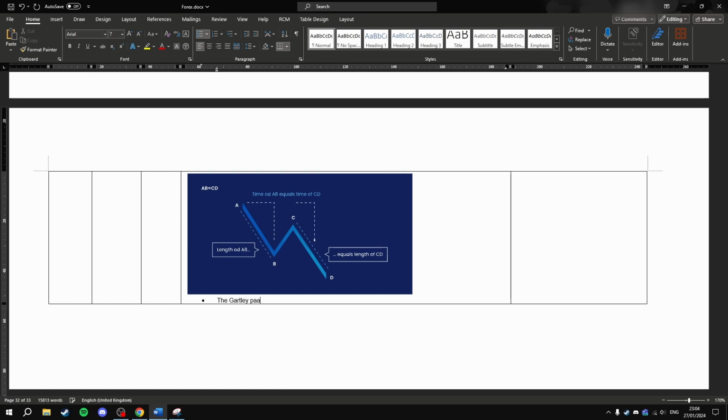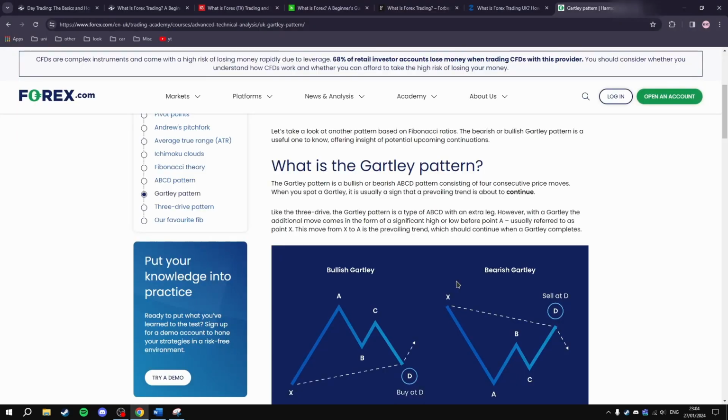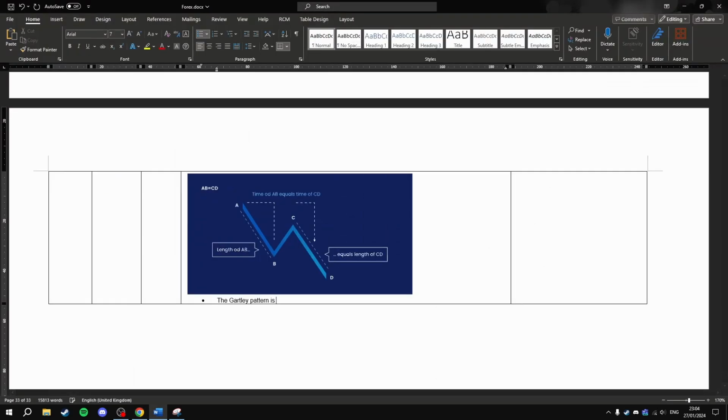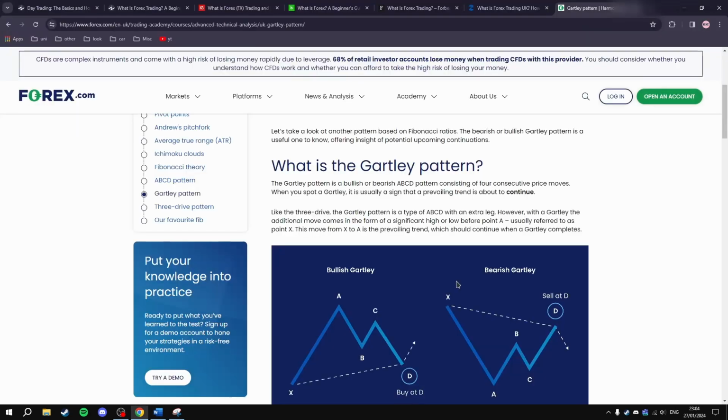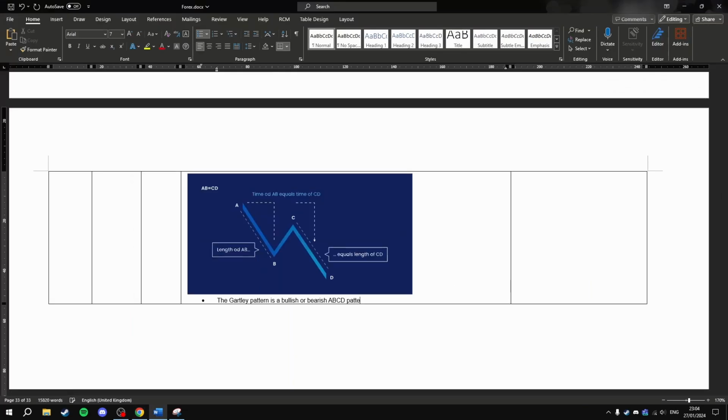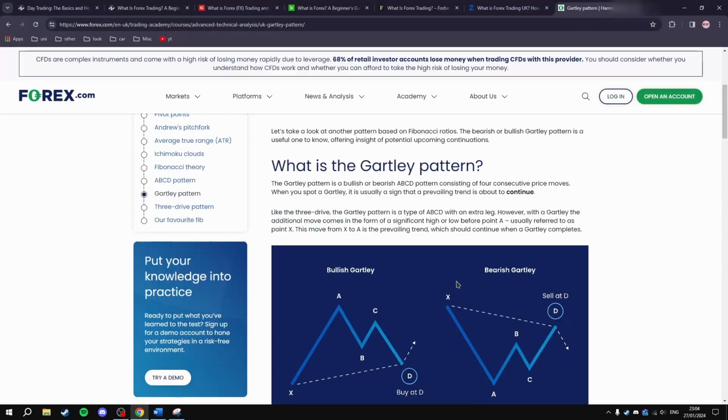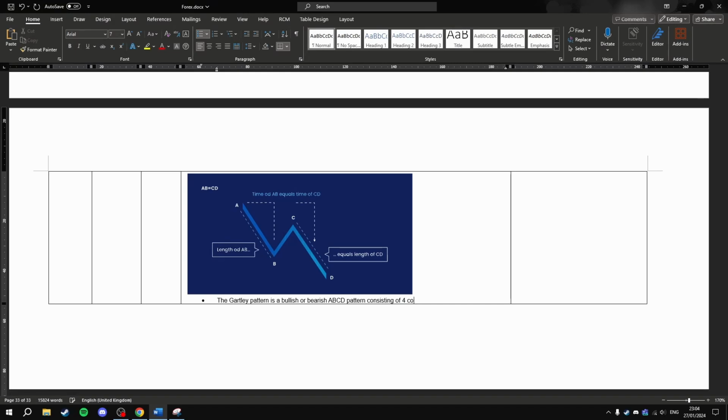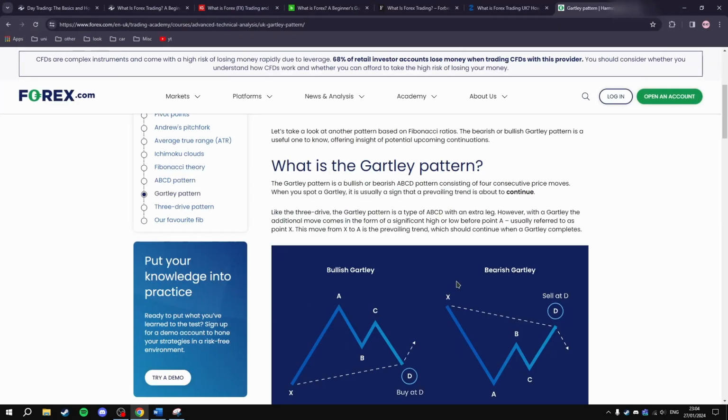A Gartley pattern is a bullish or bearish ABCD pattern consisting of 4 consecutive price moves.